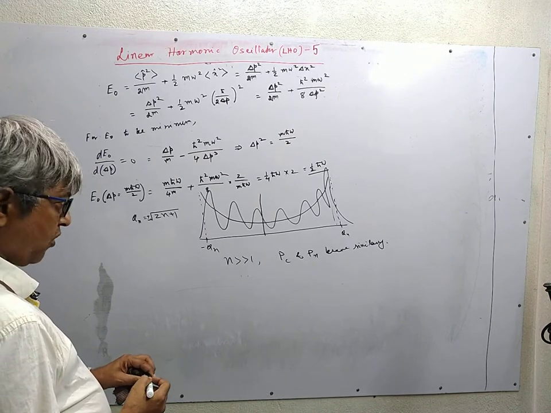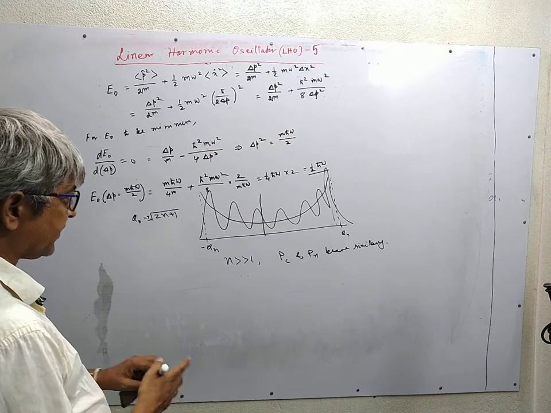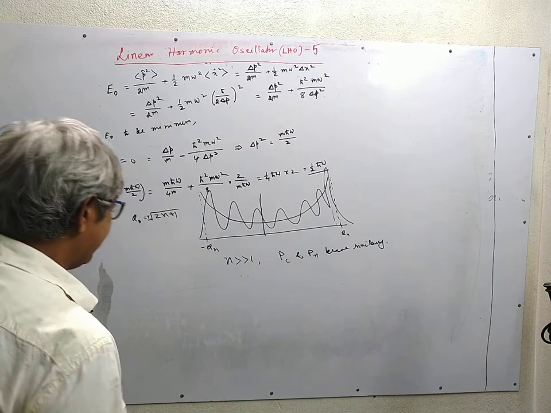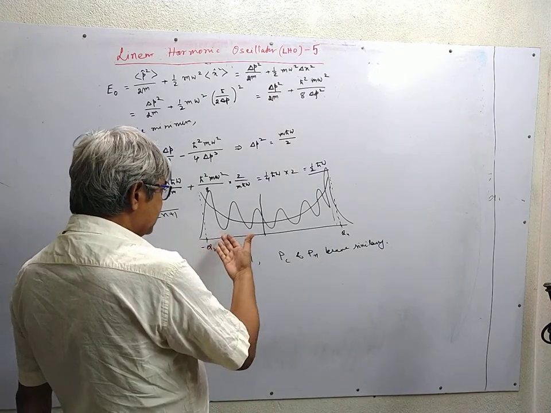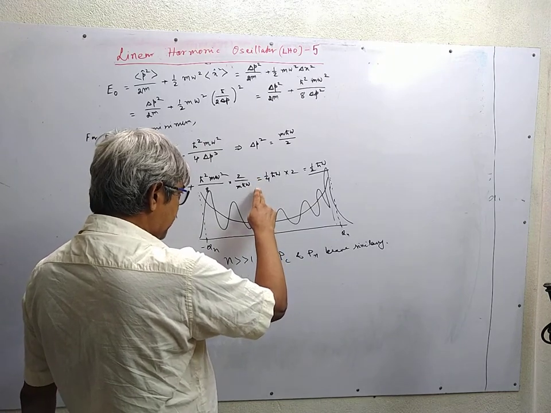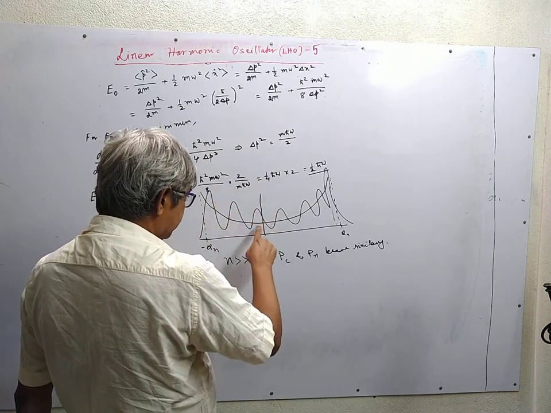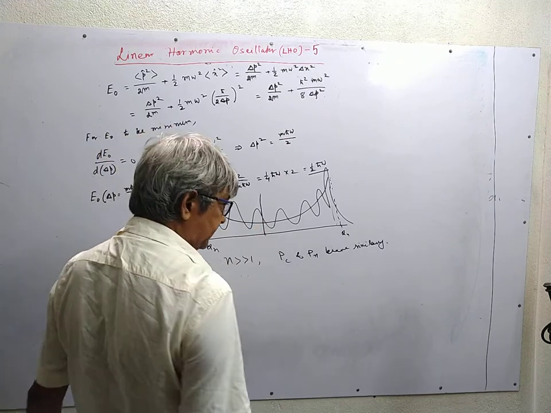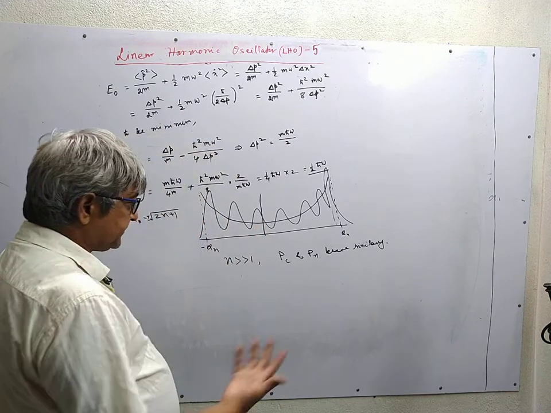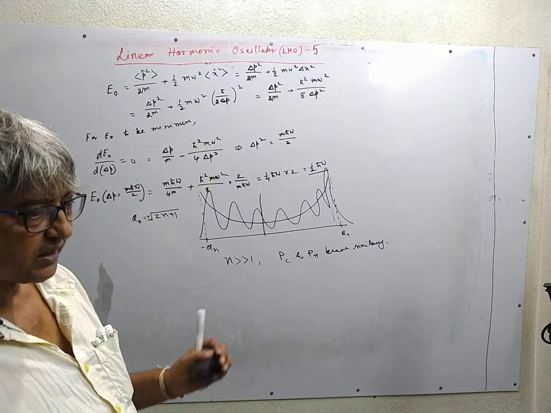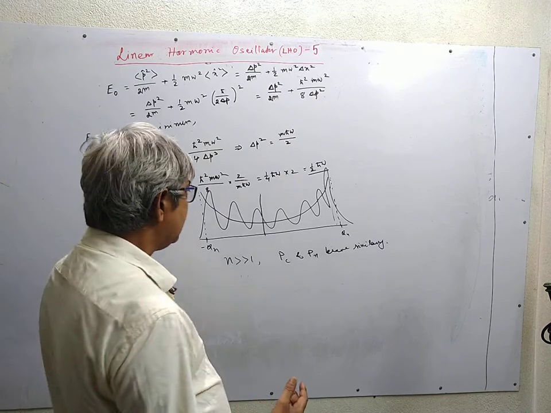But for small n, there is a drastic difference between classical and quantum results. For n equal to 0, the quantum result shows that the particle is most probably at the equilibrium position, whereas the classical prediction is that it has the minimum probability there, and this discrepancy goes on decreasing as n increases.